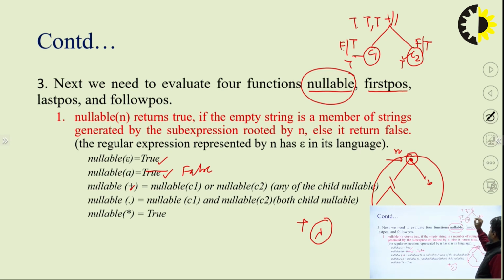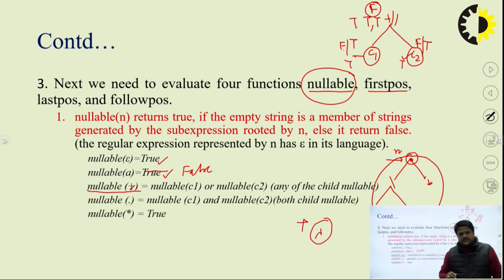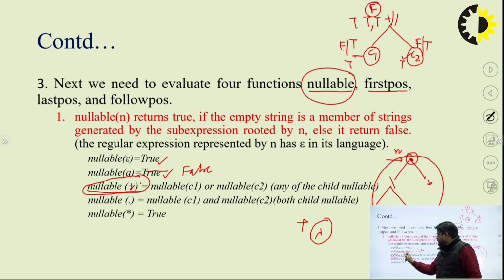If both are false, it is false. Meaning that for the union, if at least one child is nullable, the entire expression is nullable, so nullable of the union will be true.